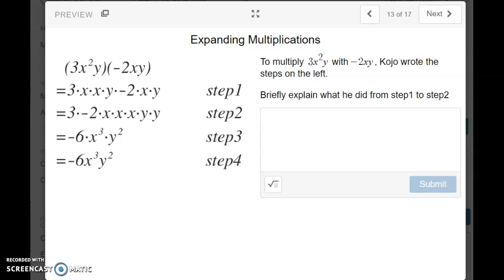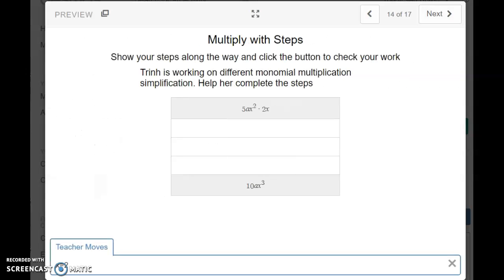So then he brought the 3 and negative 2 together, and all the x's together and y's together, and you got 3 times negative 2 is negative 6. X multiplied to itself 3 times is x to the power of 3, and then y times y is y squared. So therefore this simplifies to negative 6x to the power of 3 y squared. Briefly explain what he did in step 1 to 2. Hopefully you can explain that. Show your steps along the way and click the button to check your work.